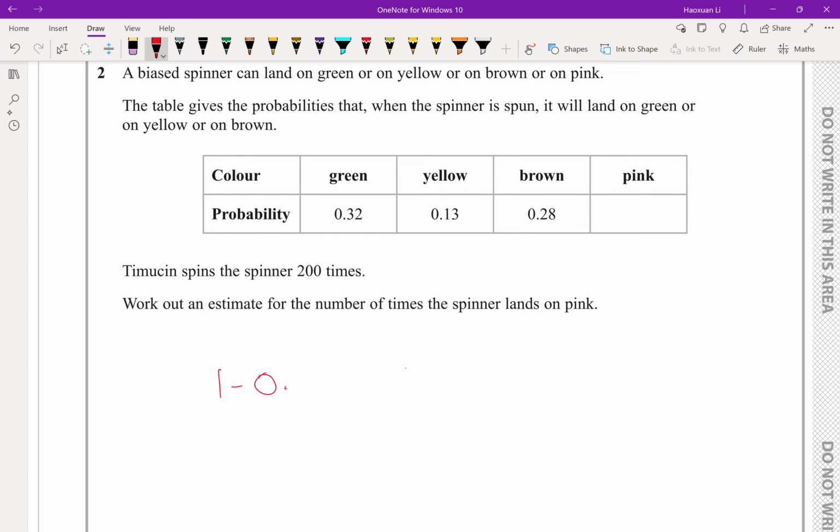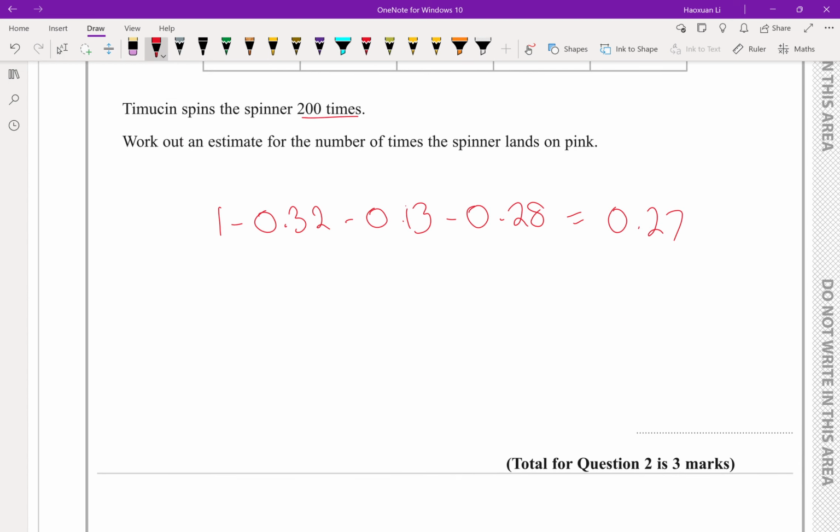So 1 minus 0.32 minus 0.13 minus 0.28 would give you 0.27, and then it says 200 times, so 200 times 0.27 would give you 54.